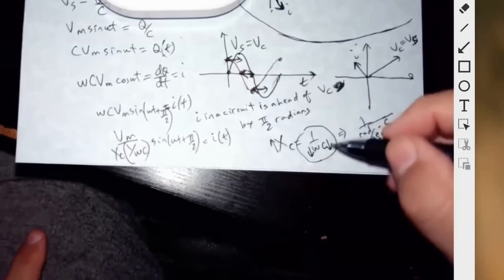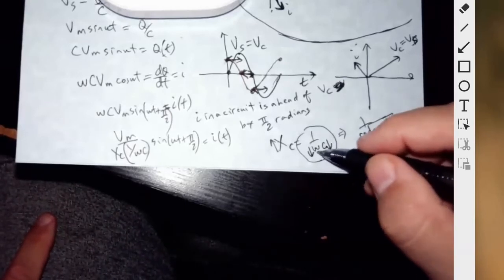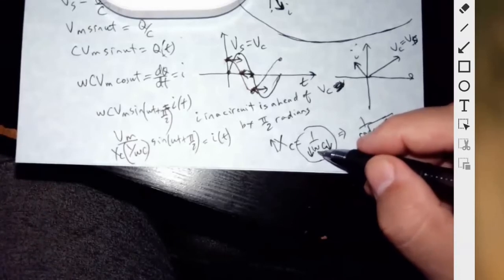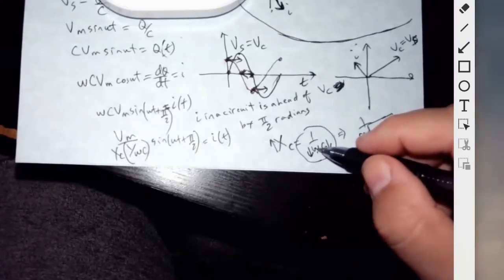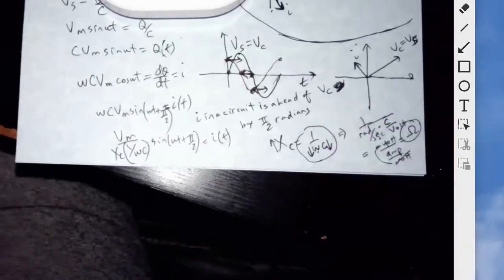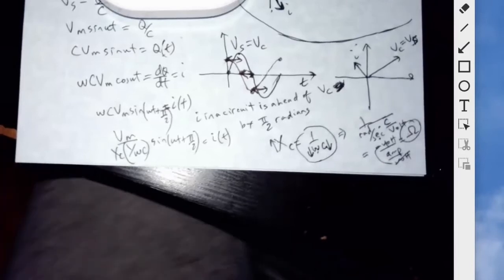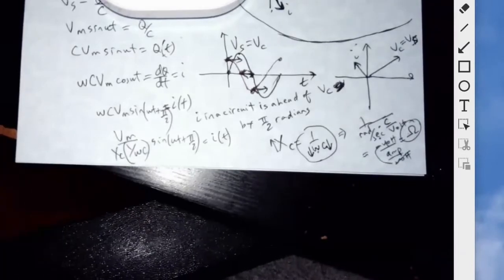So what this is telling you is, the smaller the capacitor and the less you change the frequency, the smaller the frequency, the more the capacitor resists the flow of current.